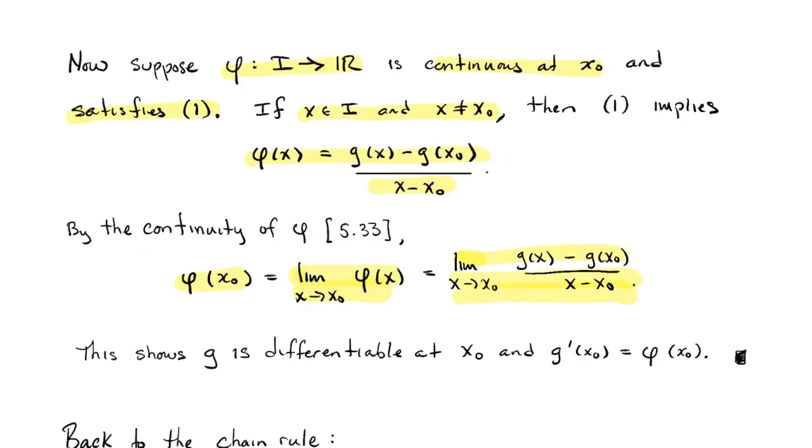So the limit of the difference quotient exists, and that precisely means g is differentiable at x naught. Moreover, what does that limit equal? That limit equals the value of the derivative at x naught by definition, but it also equals phi of x naught, and so we get that equality.